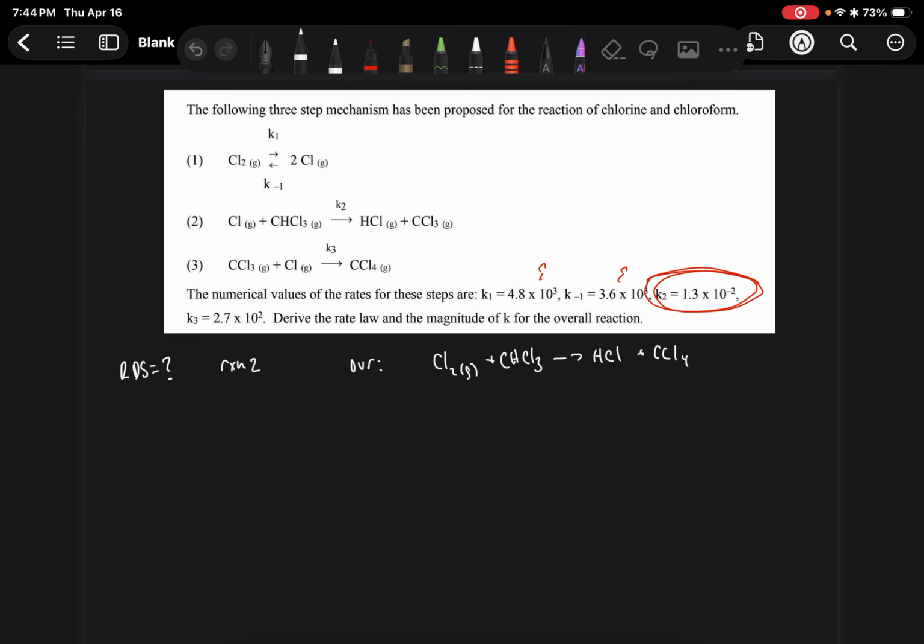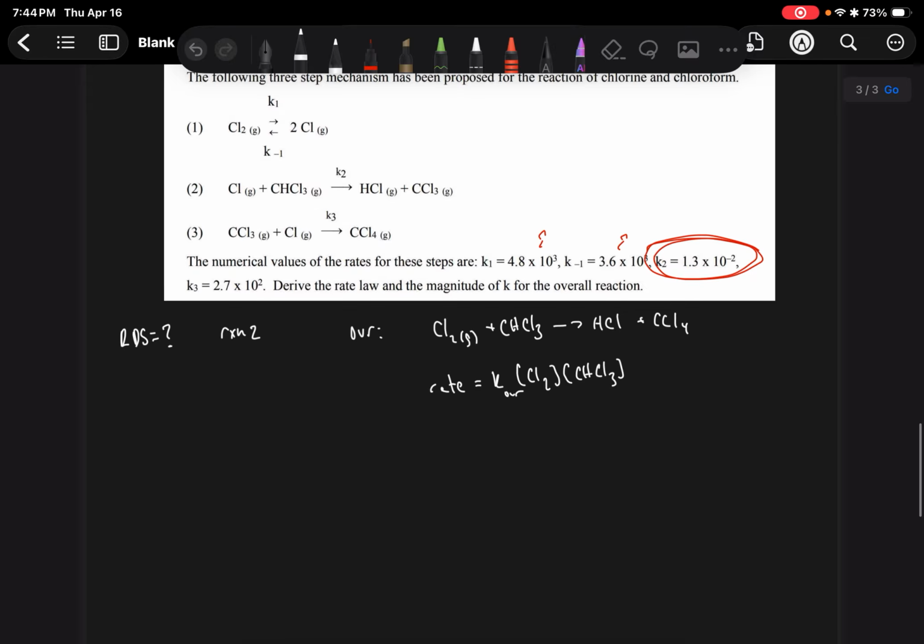There you go. I think this is right. So that means OVR. What we're trying to obtain is rate equals Cl2, CHCl3. That should be what we're trying to get. So then the rest will be intermediates.